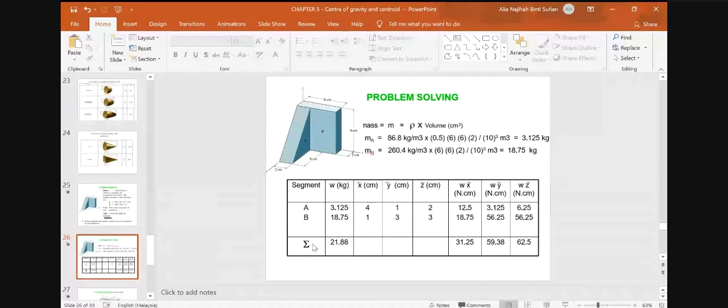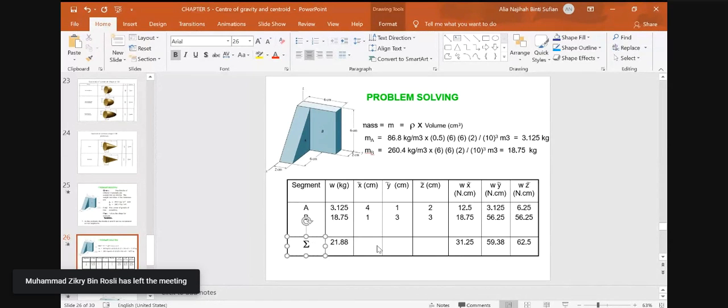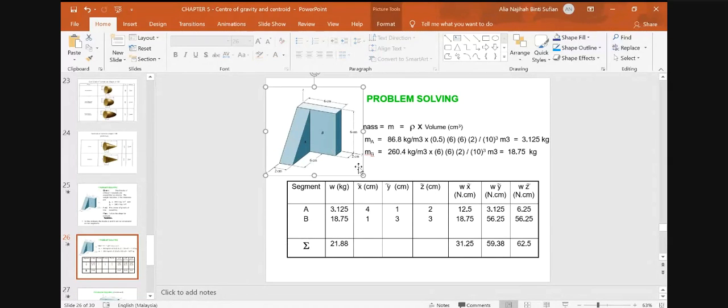So the summation of M is equal to 21.88 kg. Now let's look at x bar for part B first.